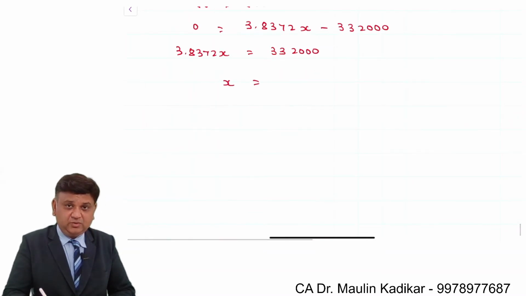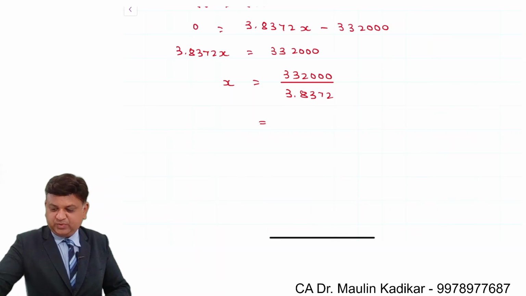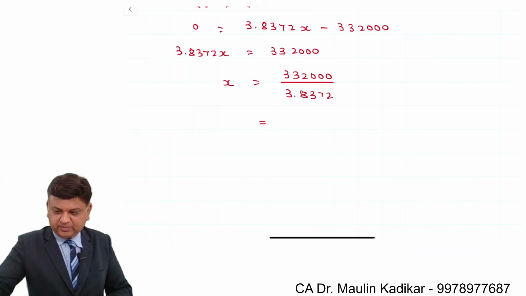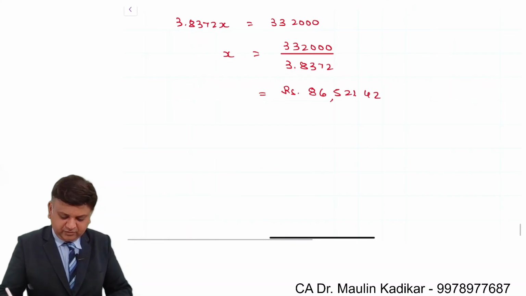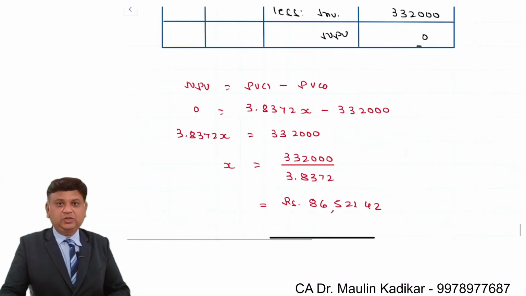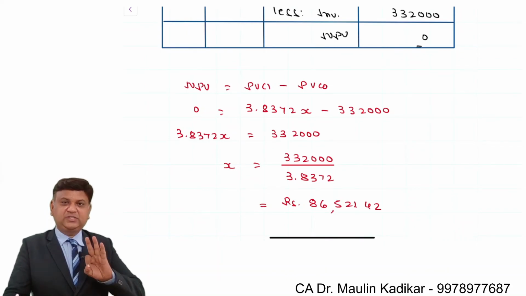So x is equal to 3,32,000 divided by 3.8372. Dear students, it is mandatory to use the factors which they have provided for the purpose of doing answer. So annual cash inflow is 86,521.42.